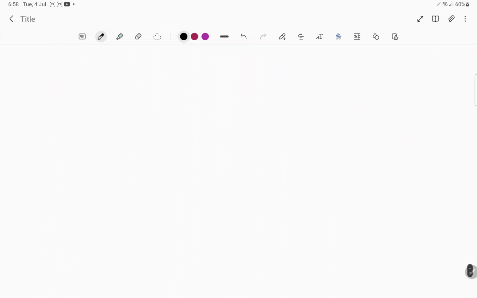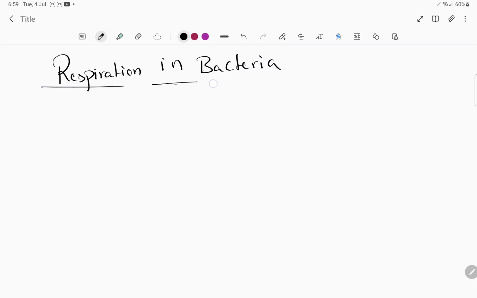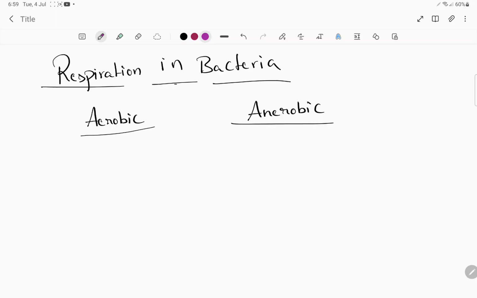Next is respiration in bacteria. There are two types: aerobic, which is oxygen dependent, and anaerobic.